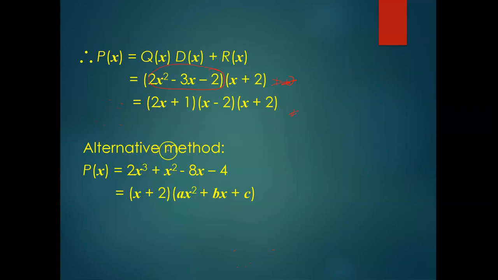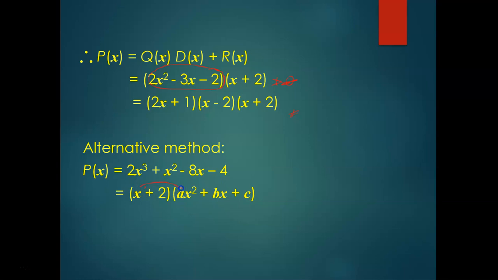If you are not using long division, that also works. Since we know just now that the cubic, you already factored out power 1, then we know here is a quadratic equation. So what is the general form for a quadratic equation? Ax squared plus bx plus c. So you know this is the equation.